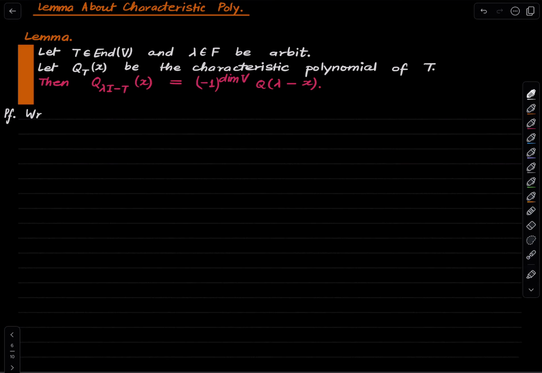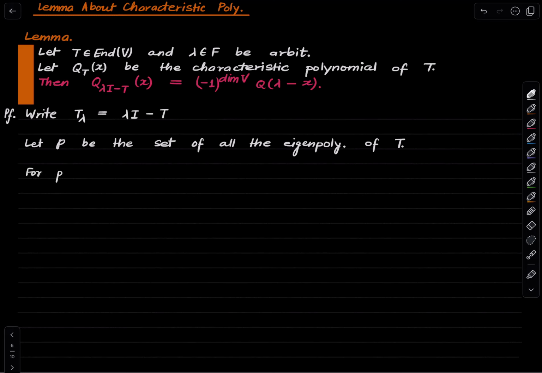So write T lambda to mean the translated endomorphism. Let this be the set of all the eigenpolynomials of T, and for an eigenpolynomial, define P lambda x as the monic version of the translation of P by lambda.